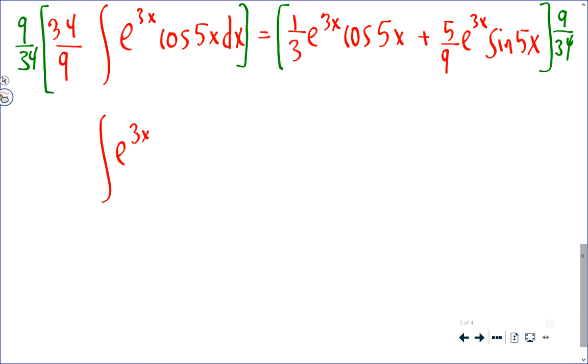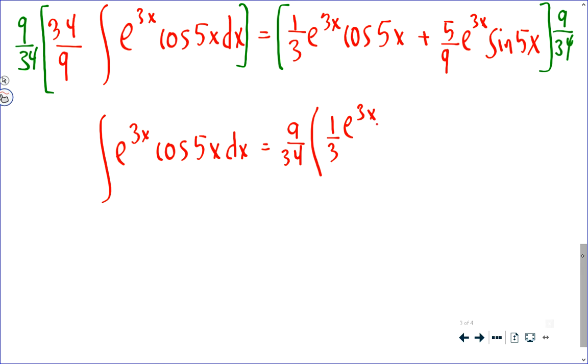The integral of e to the 3x multiplied by cosine of 5x dx will be equal to, now I don't know what you want to do with these numbers, I'm going to leave that 9/34 out. And then I'm going to have 1/3 e to the 3x cosine 5x plus 5/9 e to the 3x sine 5x.